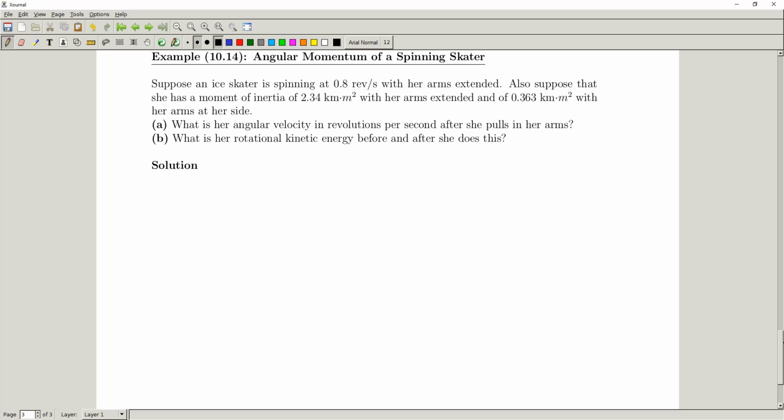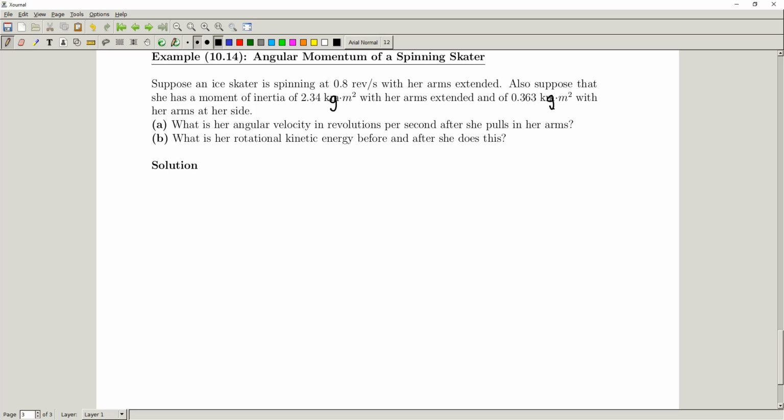And suppose that her moment of inertia in that position is 2.34 kilogram meters squared, with her arms extended. And then with her arms pulled in, when she tightens up to be super straight, her arms are tucked in by her side, and so are her legs, it'll go to 0.363 kilogram meters squared.